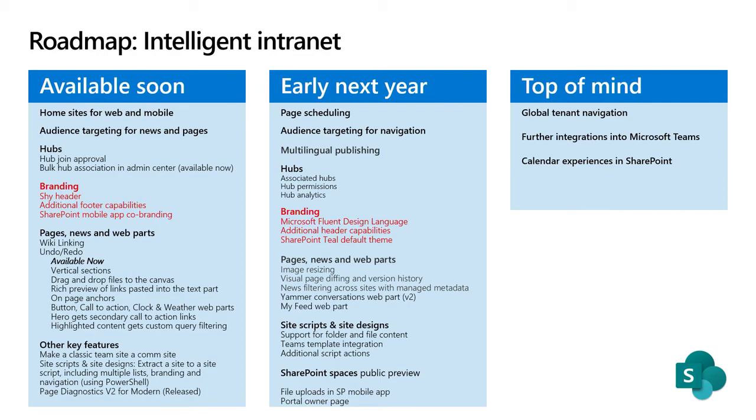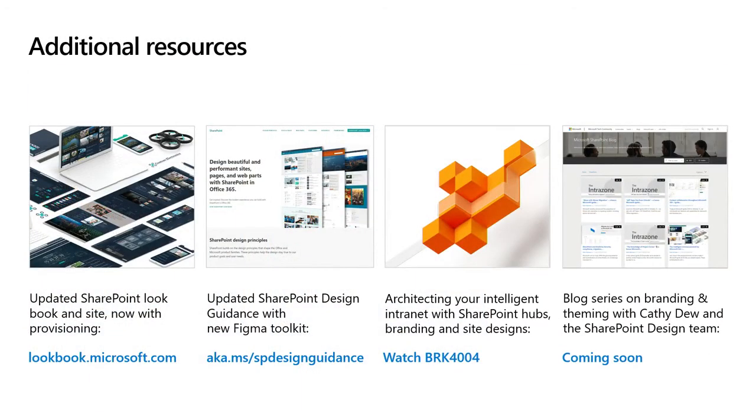We're going to close with some additional resources. Jeff announced at the beginning of the week we have an updated lookbook. You're free to come up here and get one. I have tons. I don't want to carry them home. Please come get one. We also, on the SharePoint design guidance site, have updated our toolkits for your designers to work with.